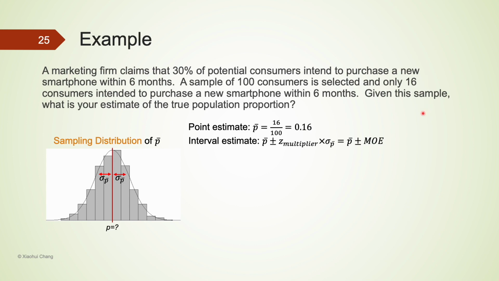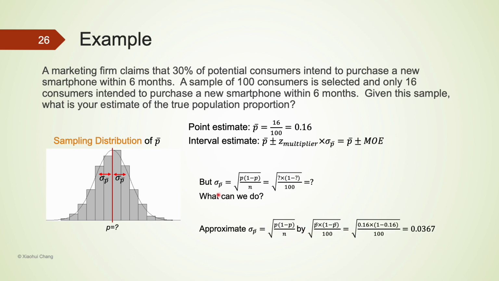In this example, we want to estimate the population proportion for purchasing a new phone. The point estimate is 16 over 100, that's 0.16. We just talked about the formula for the confidence interval estimate earlier, so you can see a point estimate p bar plus minus a z-multiplier times the standard error.